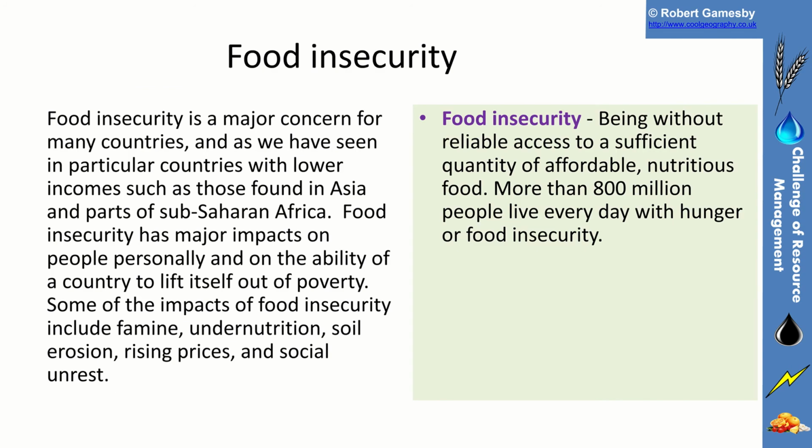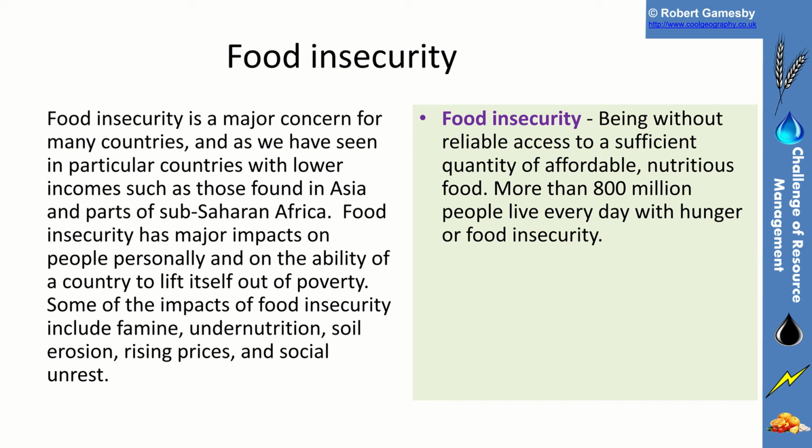Okay, so just a little reminder, food insecurity is being without reliable access to a sufficient quantity of affordable, nutritious food. Remember, we've got that stat there, more than 800 million people live every day with hunger or food insecurity. And it's a major concern for many countries, and as we've seen, it's particularly countries with lower incomes such as parts of Asia and parts of sub-Saharan Africa, and it has major impacts on people personally and on the ability of a country to lift itself out of poverty.